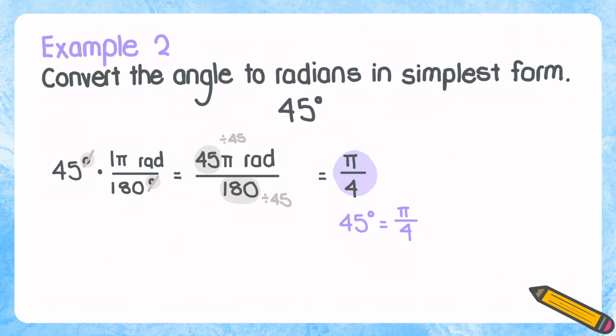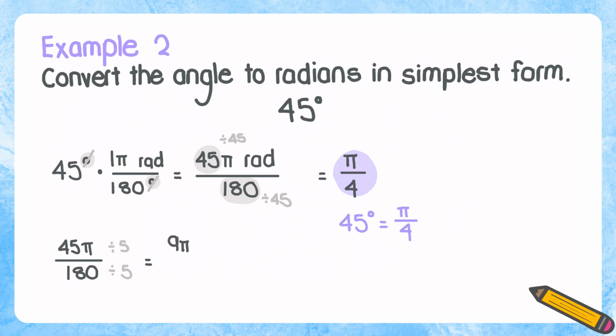And maybe you weren't able to find the greatest common factor right away. That's totally fine. So we started with 45 pi over 180. And maybe you noticed that 5 is a common factor.